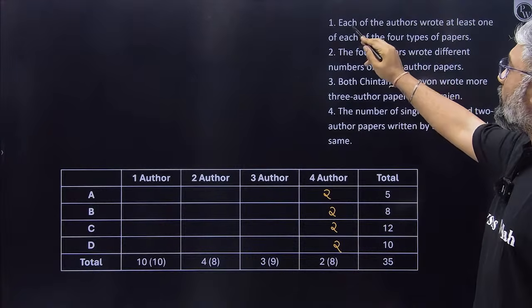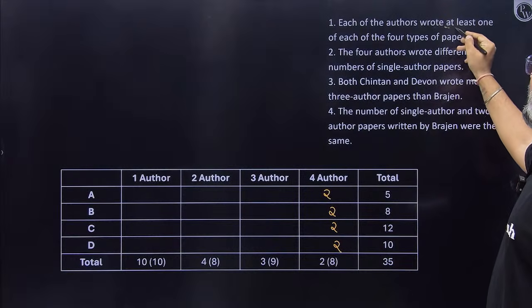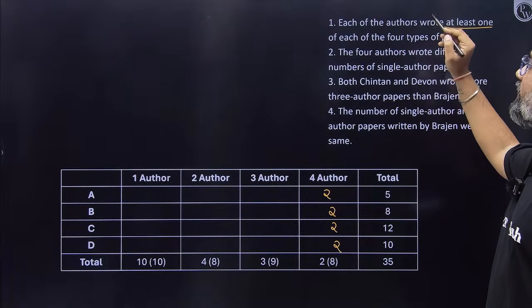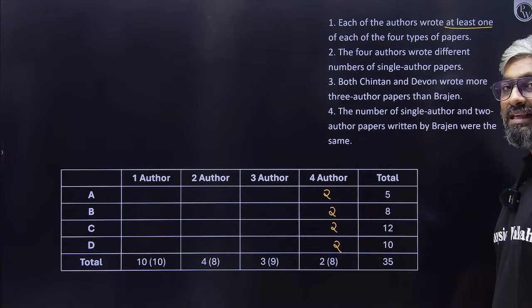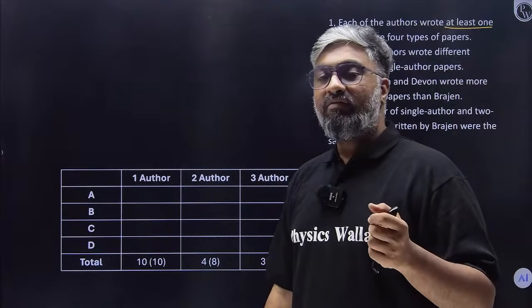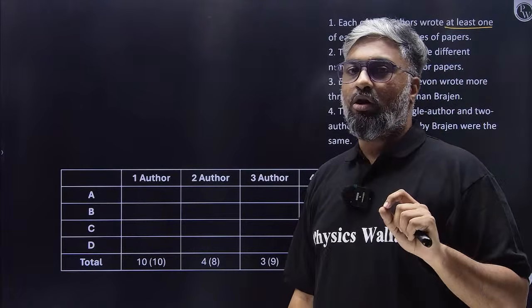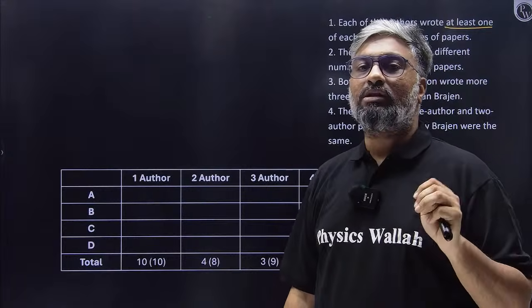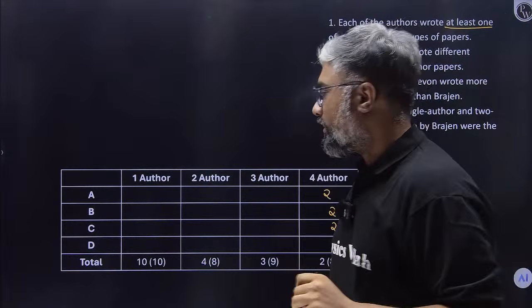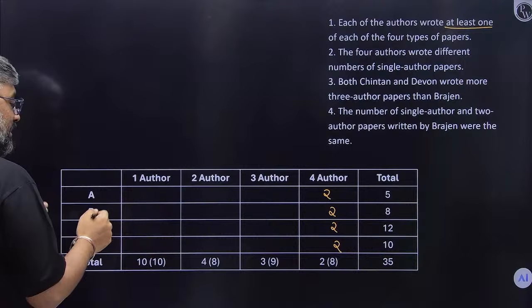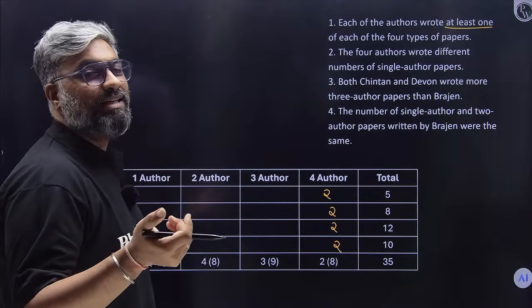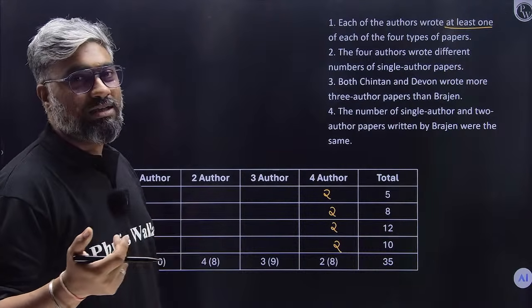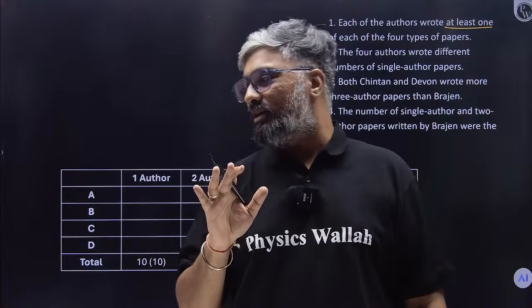Okay. Each of the authors wrote at least one of each of the 4 types of papers. That means A will have written at least one author paper, at least one 2 author paper, at least one 3 author paper and at least one 4 author paper, correct? Same way for B, same way for C, same way for D. So they're basically trying to tell us that none of these values is going to be 0.